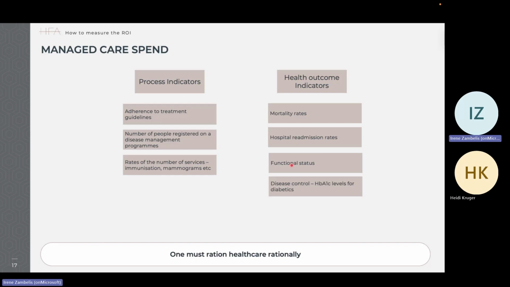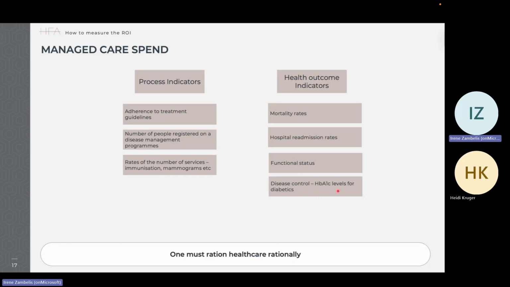What is the functional status of the people whose healthcare is being managed and you're paying for it? That's an important indicator because it shows you how people are able to take care of the activities of daily living, the disability thing, and how many have controlled conditions.